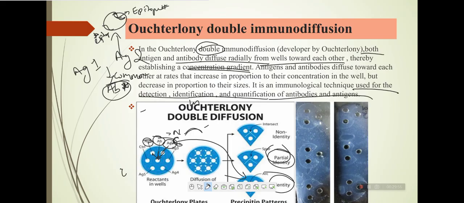Partial identity occurs when two antigens share a common epitope, but one of them has a unique epitope.